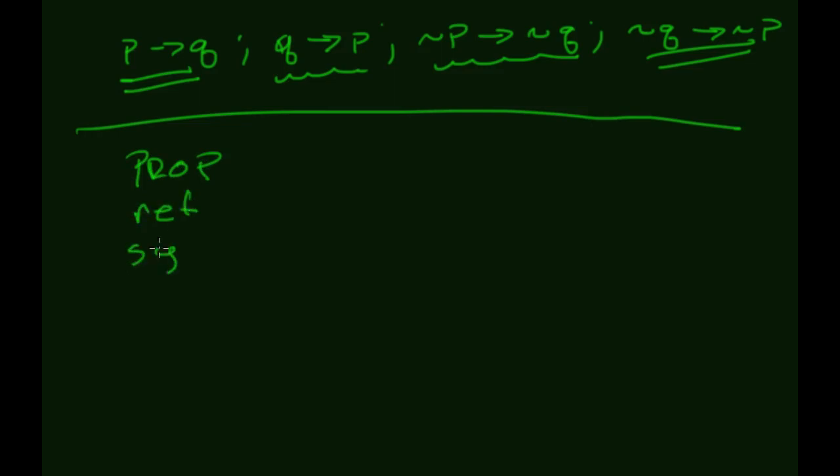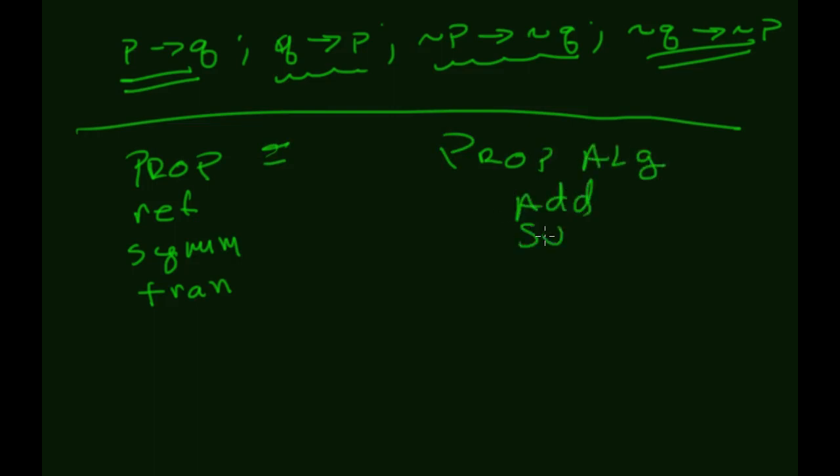The other thing that we did is we discussed a series of properties of equality: reflexive, symmetric, and transitive, and a series of properties of algebra: addition, subtraction, multiplication, division, substitution, and a distributive property.